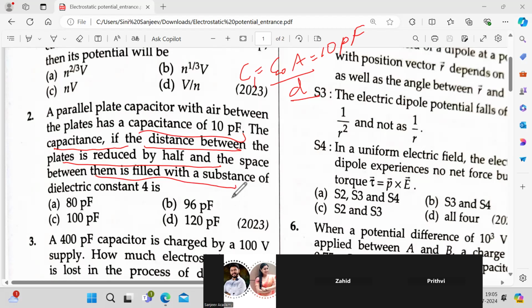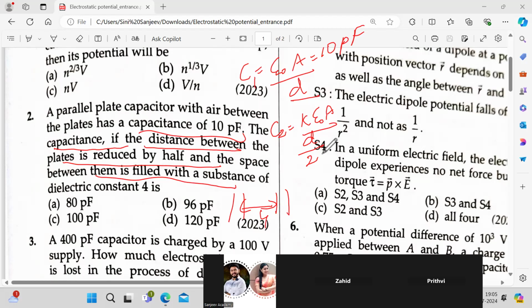Then the parallel plate capacitor is filled with a dielectric constant of 4. So what is my C2? K into epsilon naught A, instead of D it is D by 2. What is my K?